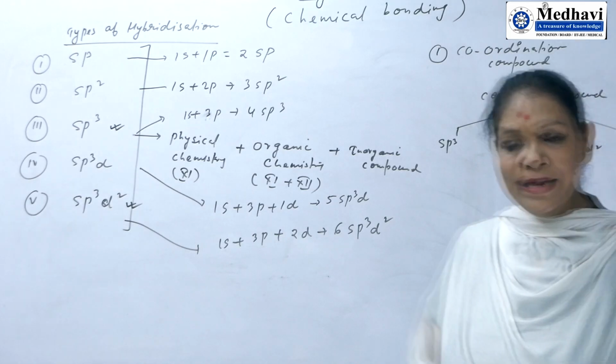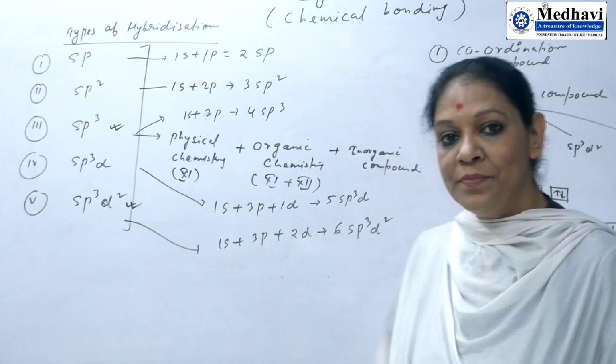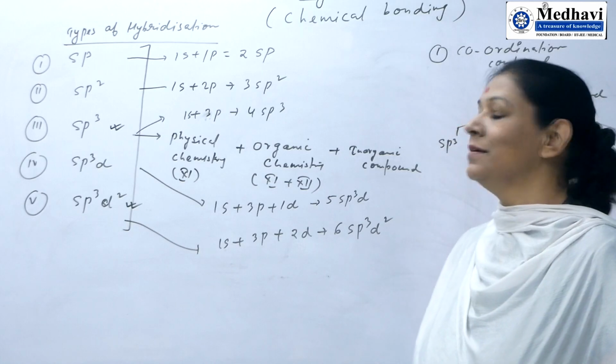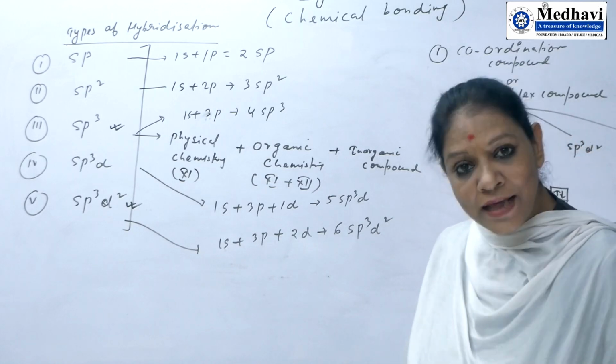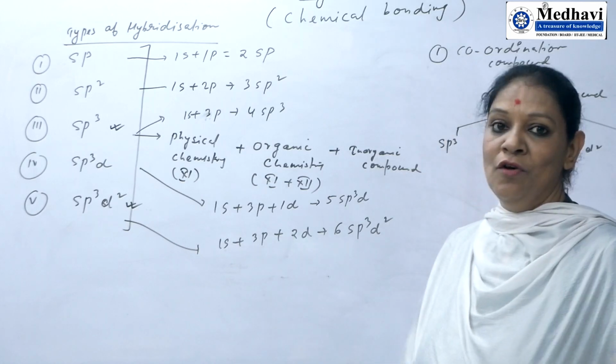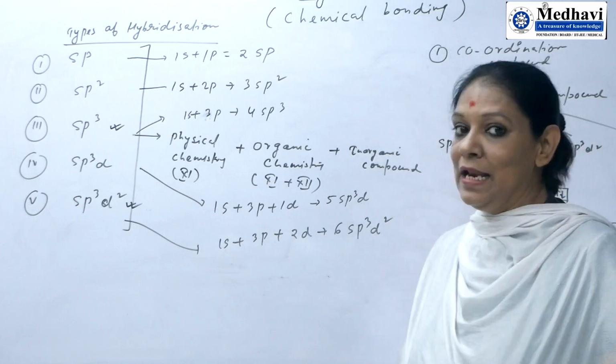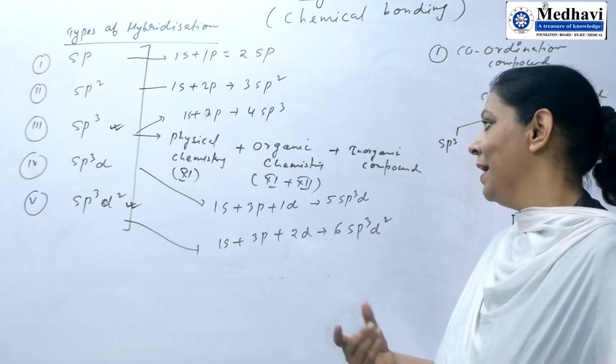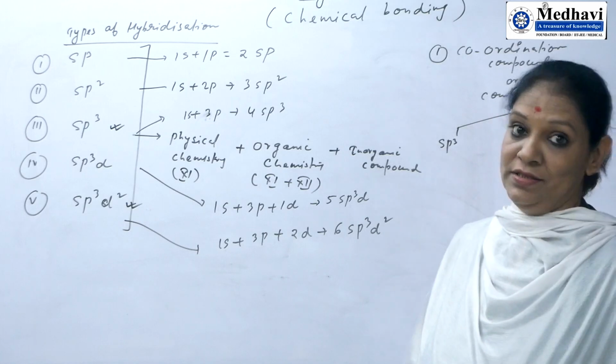So I will make an organized table, and in that table I will explain the bond angle of the given hybridization, what is its shape, and how we will find the hybridization of the given compound as in the questions.